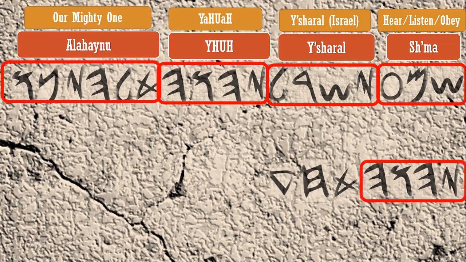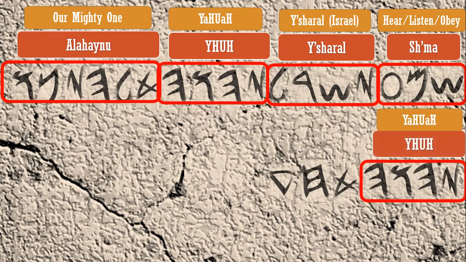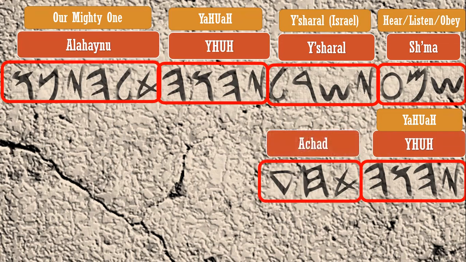Next, the name of the Most High again, YaHUaH. And the final word, Alaf, Chat, Dalat, and that's the word Achad.